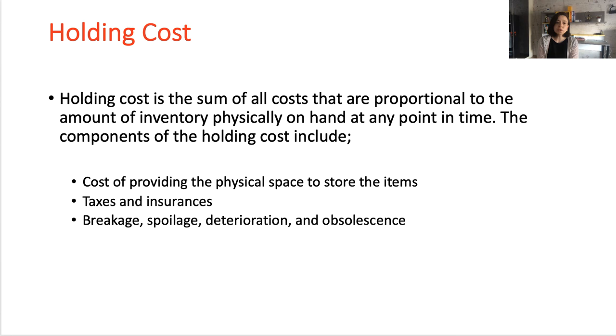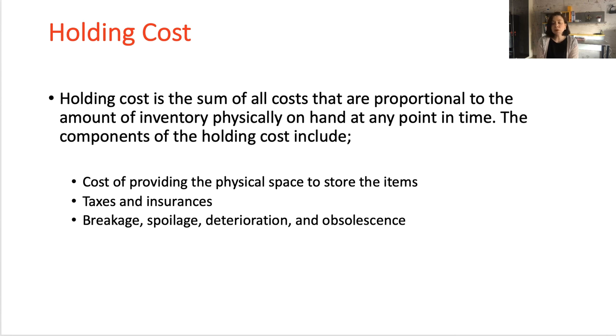We also call holding cost carrying cost or inventory cost. And holding cost is proportional to the amount of inventory physically on hand at any point in time. The components of the holding cost include the cost of providing physical space to store the items, taxes and insurance, breakage, spoilage, deterioration, and obsolescence cost.